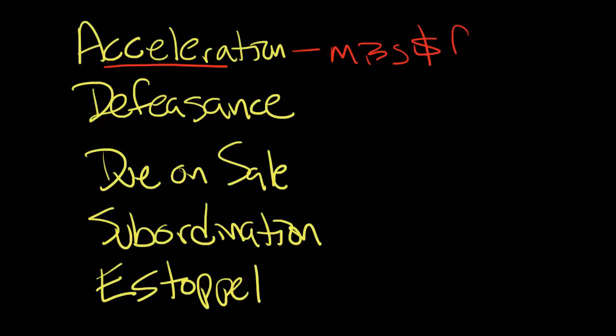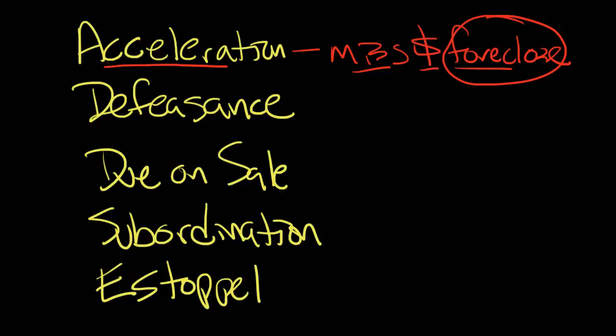Eventually, they're going to foreclose. So the acceleration clause in the note is basically saying, I owe you, and if I don't pay you in these monthly payments as I am agreeing to, then if I get too far behind, yes, you can take the asset and you can foreclose.